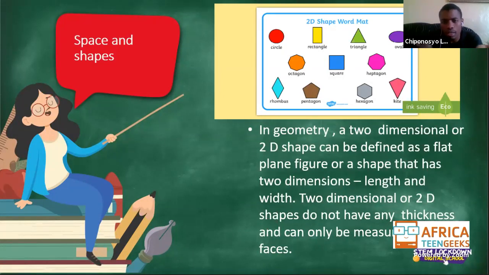You say it has sides, 1, 2, 3, 4 sides. How many vertices? 1, 2, 3, 4. Remember, a vertex is where two lines meet, a corner. The corners are what we call vertices, or a vertex. And it's a flat shape that only has length and width.